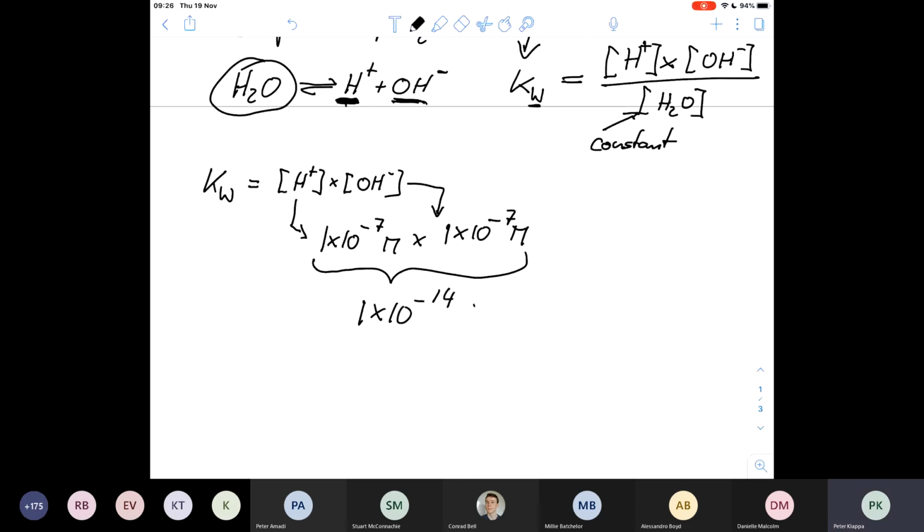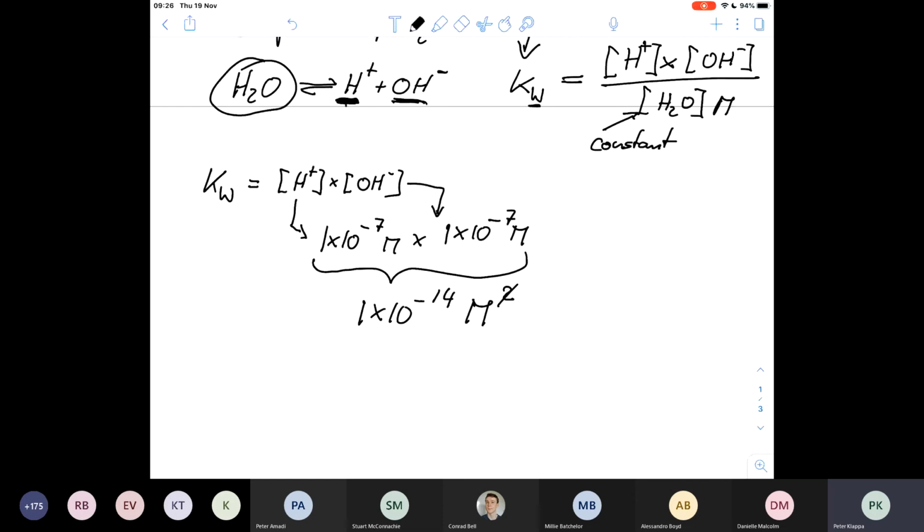What's the unit? In this case, well, the way I've written it, it would be molar squared, but if we carry on with the unit for water with molar, it would probably be that the one cancels out.